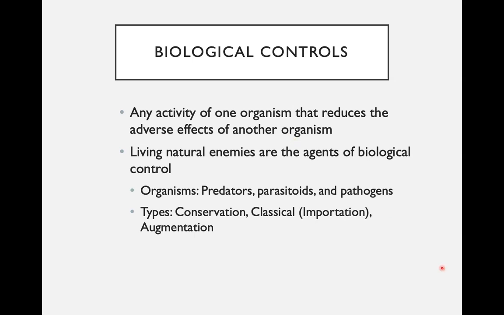Okay, so there are a few different types of organisms that we qualify as natural enemies. We have predators, parasitoids, and pathogens. We'll see some examples on the next slide. And then also in the next few slides, you're going to see there are a couple different ways that we can handle biological control, either through something called conservation biocontrol, or classical or importation biological control, and then augmentation is another type.